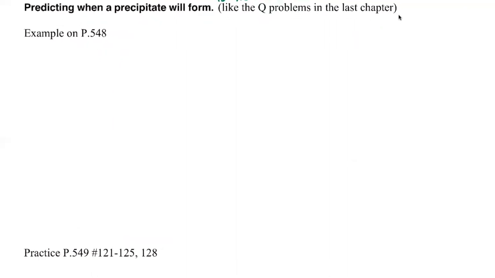The reaction that we're looking at is barium chloride. I'm going to write out the overall reaction here. We're adding barium chloride, aqueous, plus potassium sulfate, which is also aqueous, to form 2KCl aqueous.